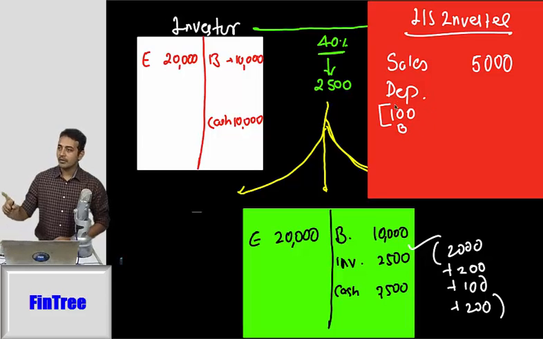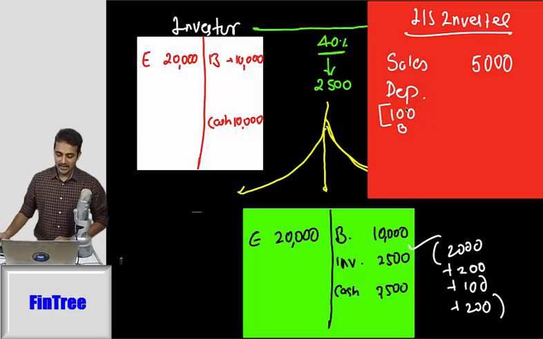This is the books of investee. Are we together? Plus, what was the value of furniture? 1,000. And life? 5 years. So 200 is the depreciation of furniture. So your total depreciation is 300.